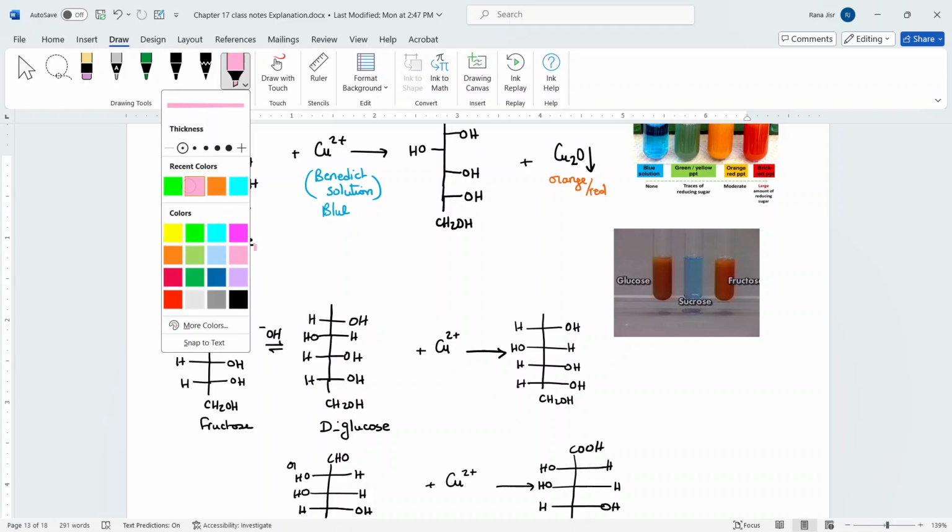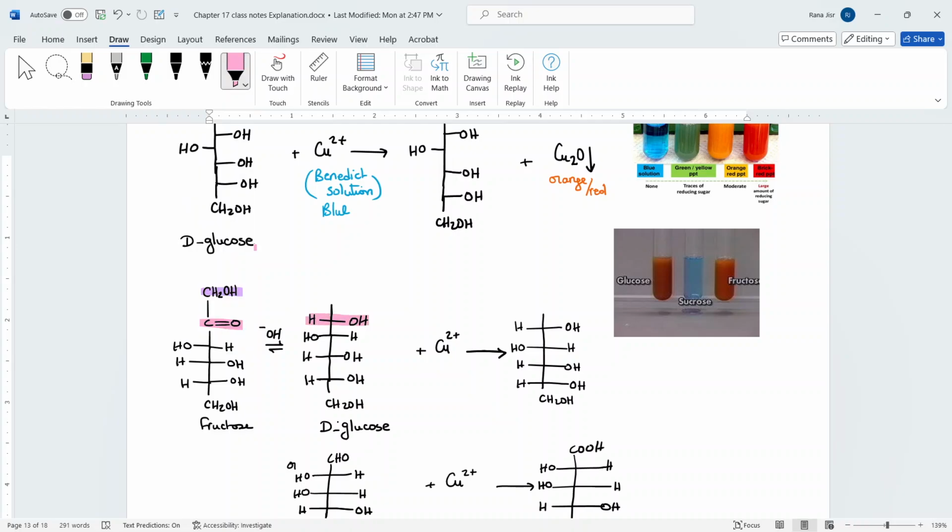That was once the carbonyl of the ketone, and it turned into a C-OH. It just rearranges, and the alcohol changes into an aldehyde. So basically, the ketone rearranges into an aldehyde.